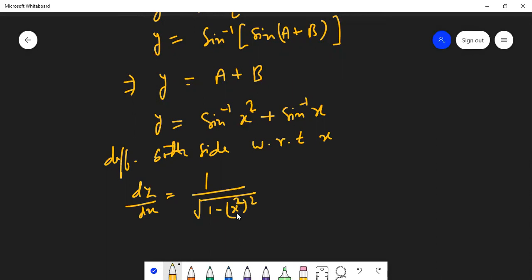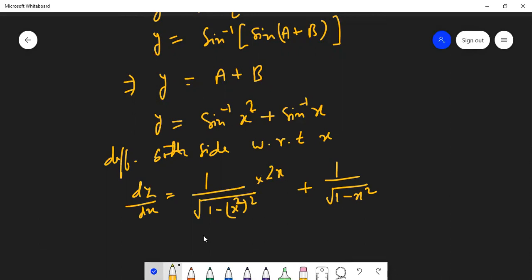And using the chain rule, you will differentiate this x squared again. So the derivative of x squared is 2x. Plus the derivative of sine inverse x, we have the formula 1 by the square root of 1 minus x squared. Same formula. Here in place of x, you have x, so you apply the chain rule.